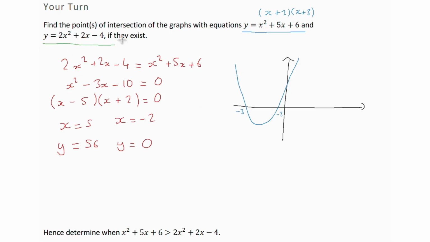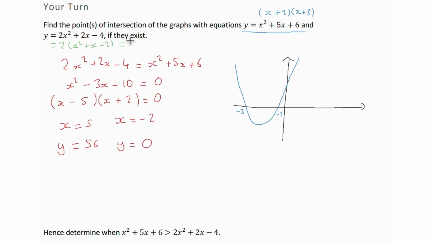The second one, when I factorize that one, is 2x and x in my brackets. Actually, these are all divisible by 2, so I can factorize out that 2 and make it, let's start again, make this equal to 2 times (x squared plus x minus 2).